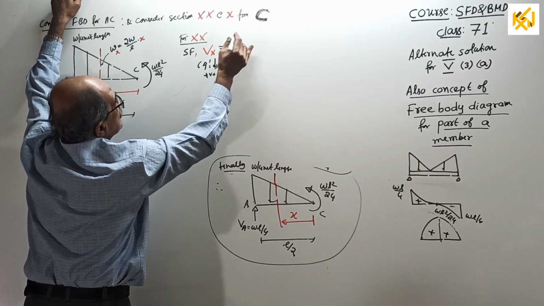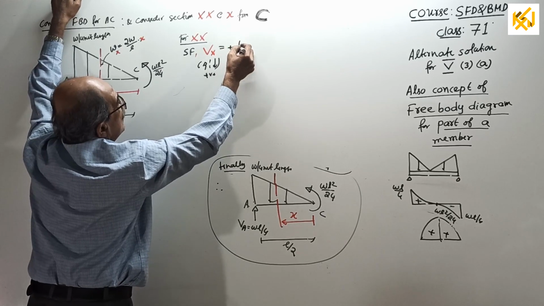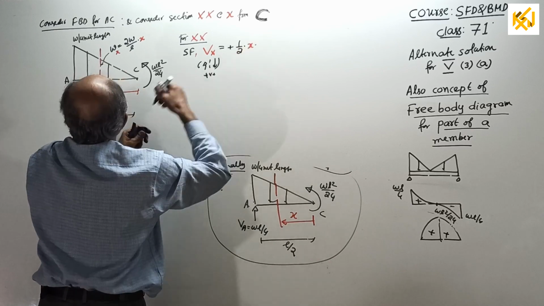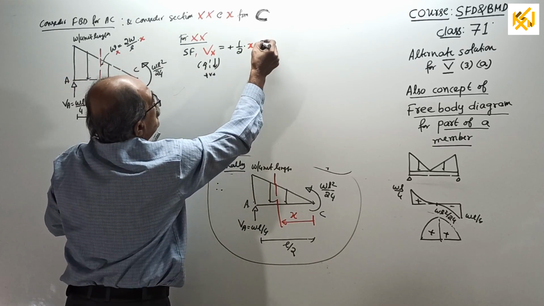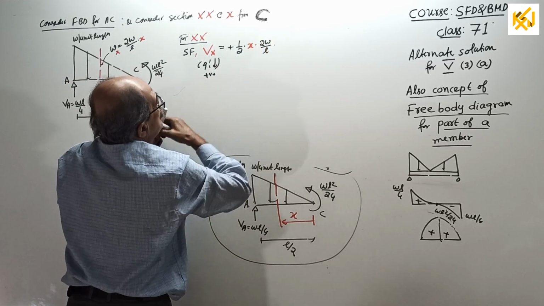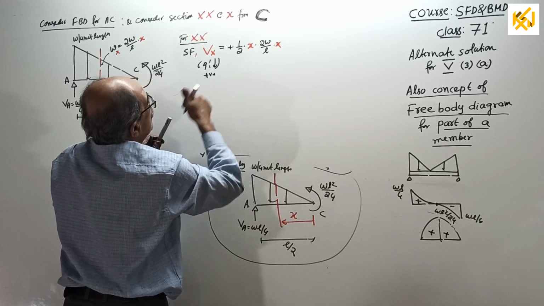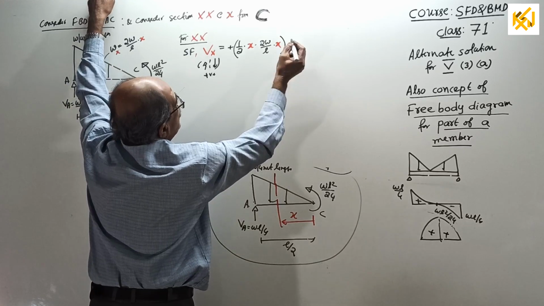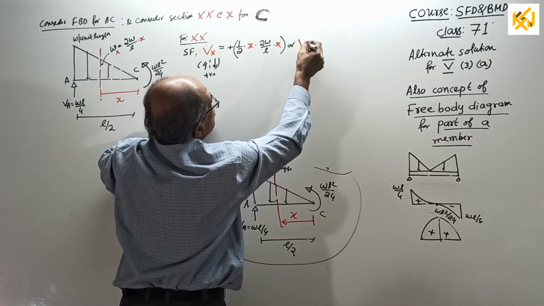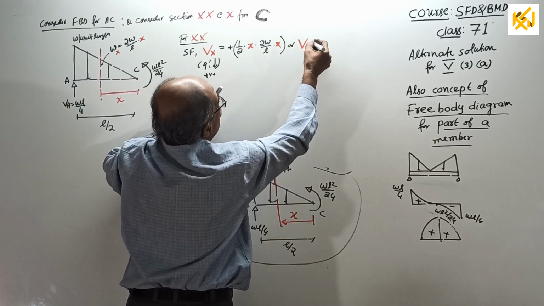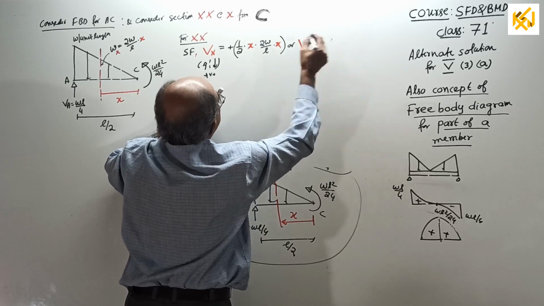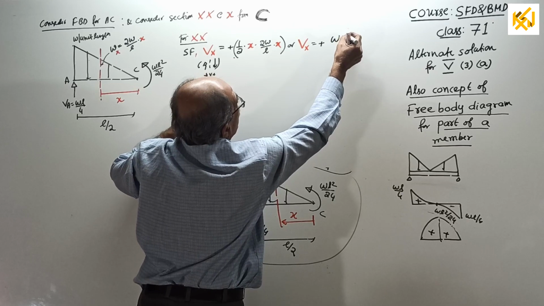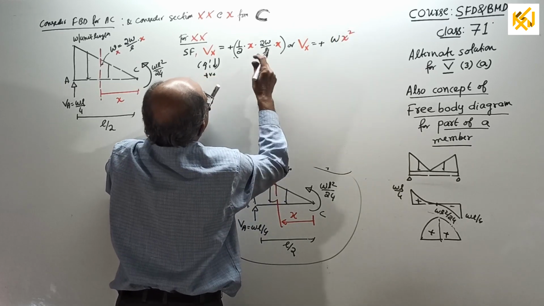So half into X into 2W by L into X is the total load. Explained several times. Or you can tell directly Vx equal to, the 2 will cancel, simply WX square by L.